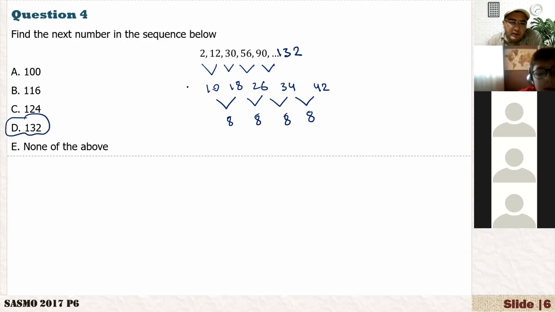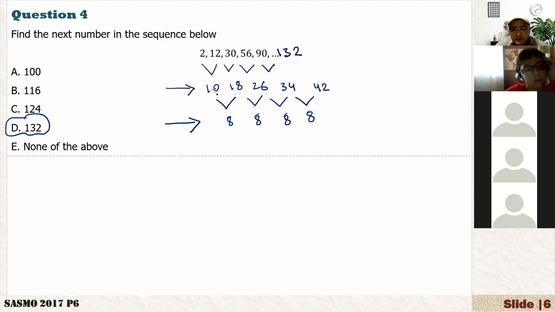Guys, how we are solving this: we call these the first differences, and this one is the second differences. The first differences are not constant, right? They are changing. Actually, it is 10, 18, 26, 34, 42. But if you find the second differences, it is 8, 8, 8, 8. Then the second difference is 8.